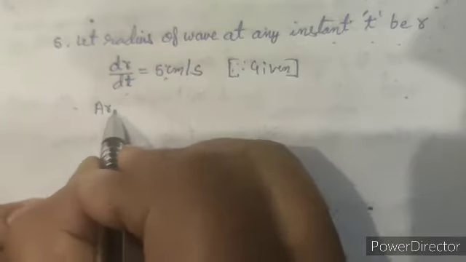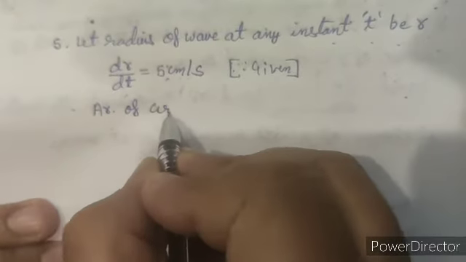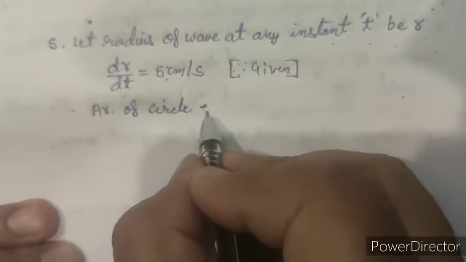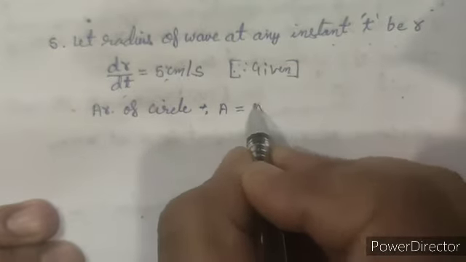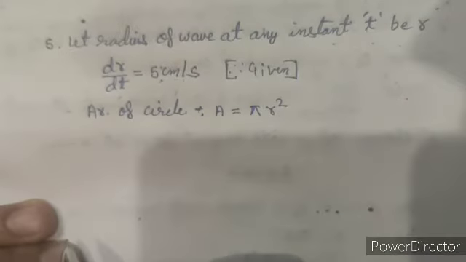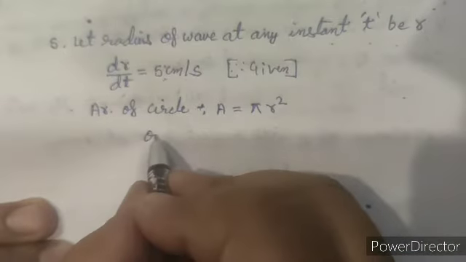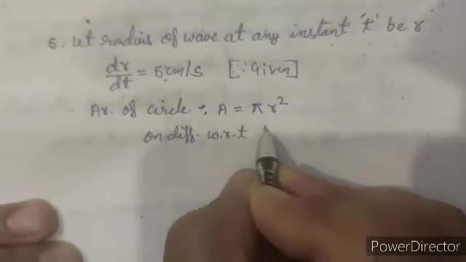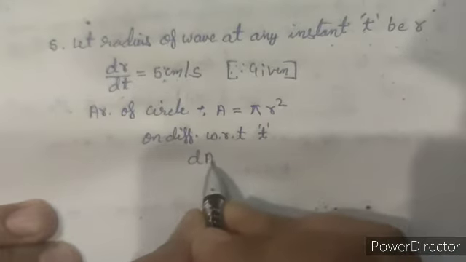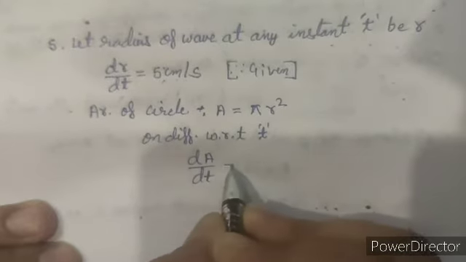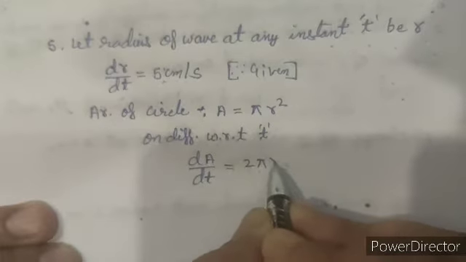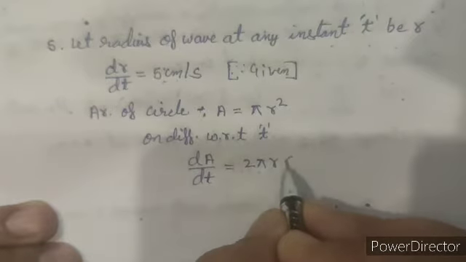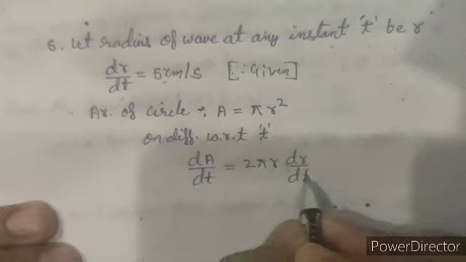Now the area of a circle at an instant t will be given by A equal to pi r square. On differentiating with respect to t, we will get dA by dt equal to pi into d by dt of r square, which will be 2r into dr by dt.